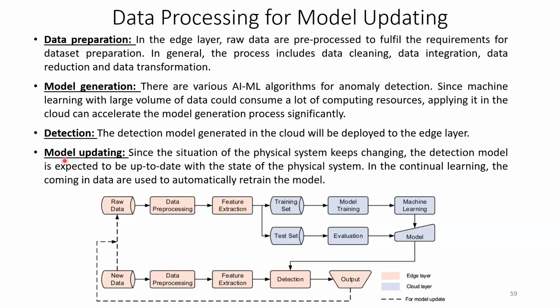And in this diagram, we see the complete pipeline from raw data to pre-processing, to feature extraction, and model training and evaluation, and deployment on the edge, and also utilizing the new data.